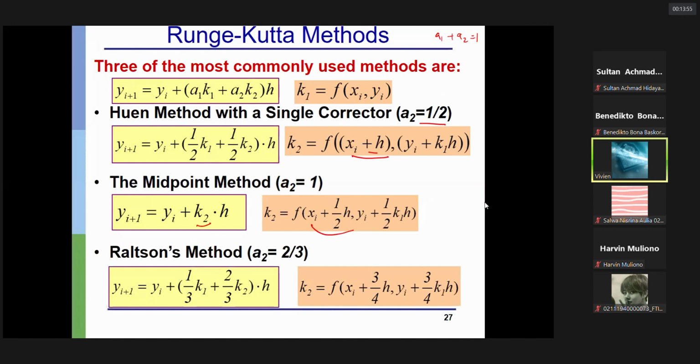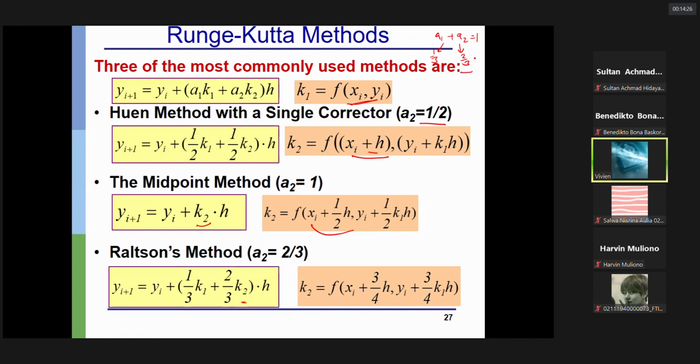And if, for example, we choose a2 is 2/3, then a1 will be 1/3. Now the calculation of yi plus 1 will be equal to yi plus 1/3 of k1, where k1 is the slope calculated at xi, plus 2/3 of k2, times h. And how to calculate k2?